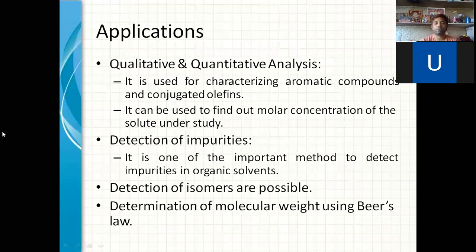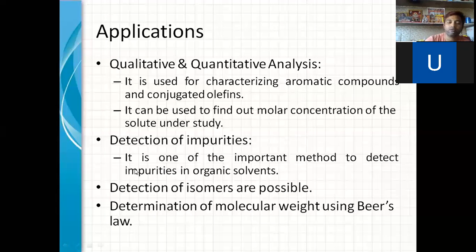Applications of UV visible spectroscopy: we have already discussed qualitative and quantitative applications. It is not there in this slide, so we'll skip. It is used for characterizing aromatic compounds and conjugated olefins.